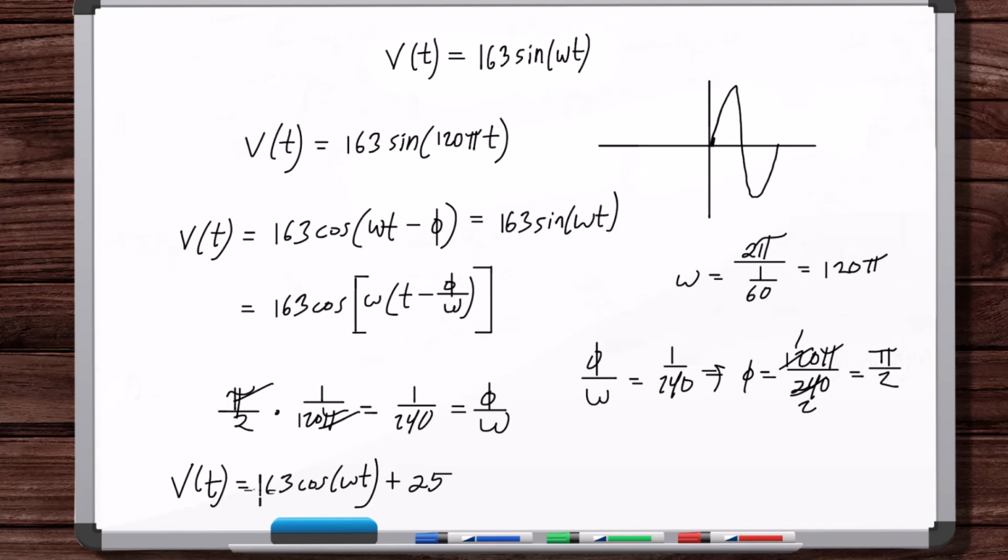Well, v of t is the y. You could write this as y, but to put it into the form where you can clearly see the shifting and the scaling, you would subtract 25 from both sides, and then you could divide both sides by 163.